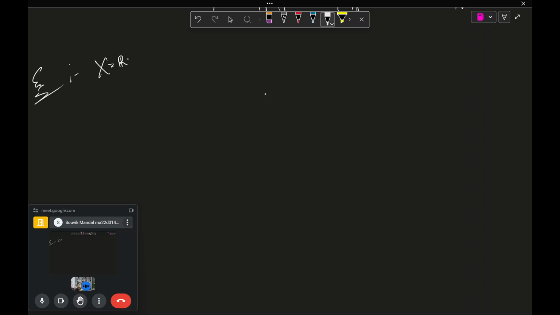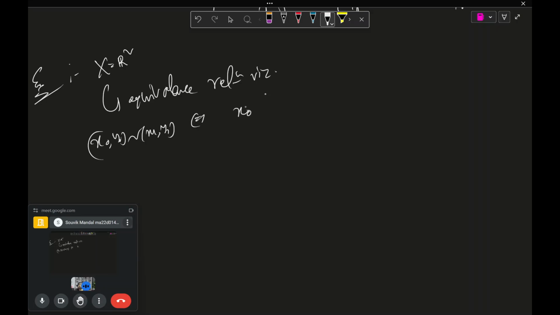So we have X equal to R squared. Here we are defining an equivalence relation, namely (x0, y0) is related to (x1, y1) if and only if x0 squared plus y0 squared equals x1 squared plus y1 squared.